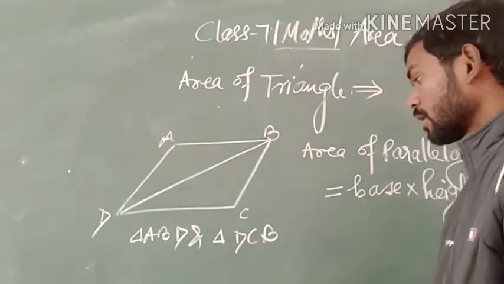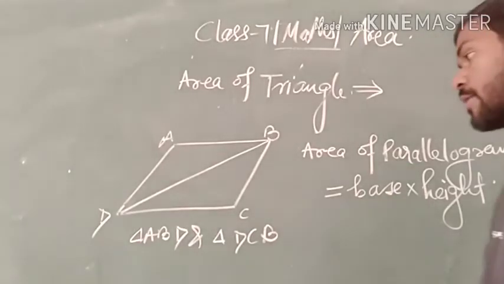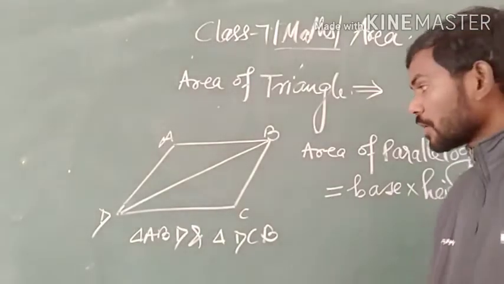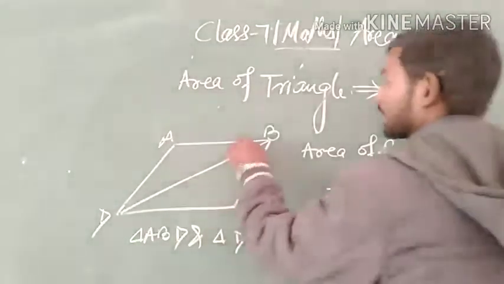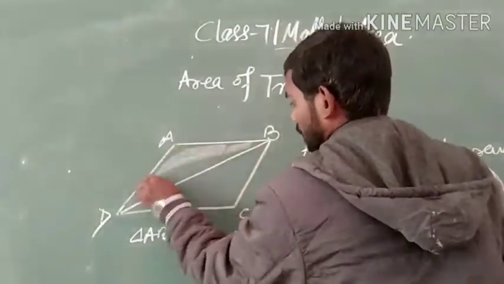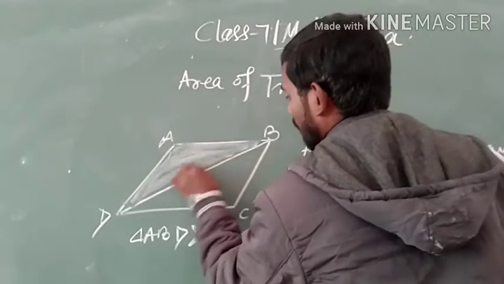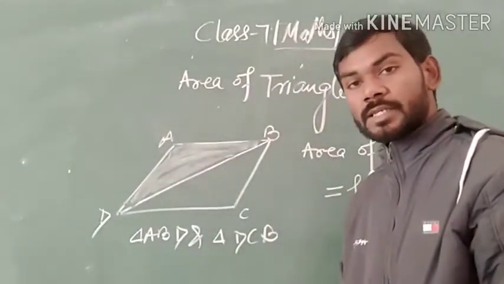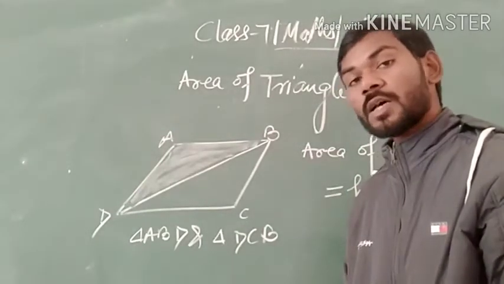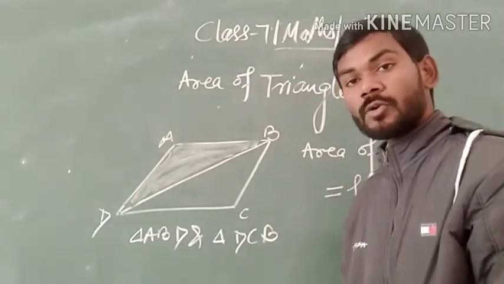Since we know that the area of a parallelogram is base into height, one triangle will represent half of the parallelogram, so it is obvious that its area will also be half of the area of the complete parallelogram.